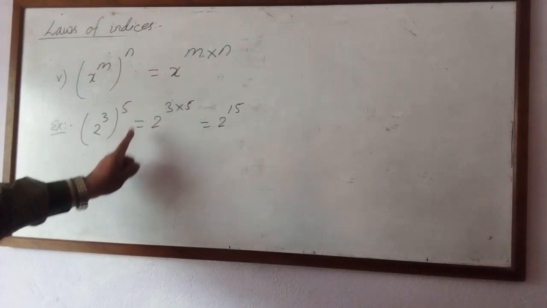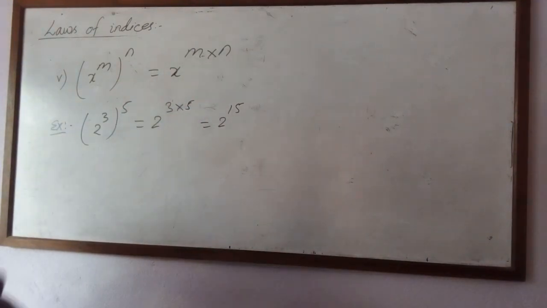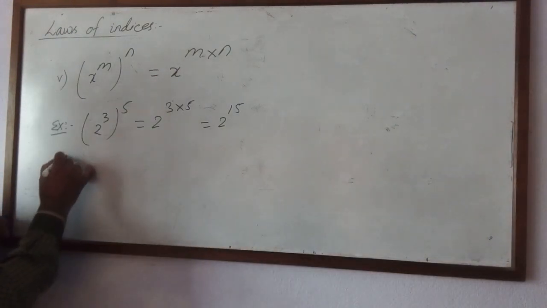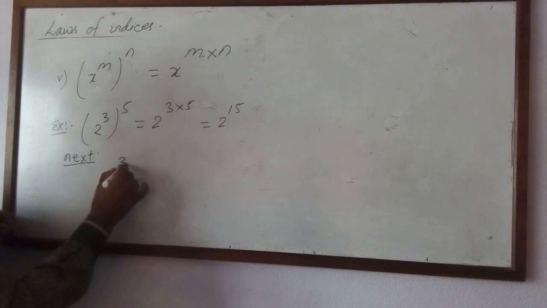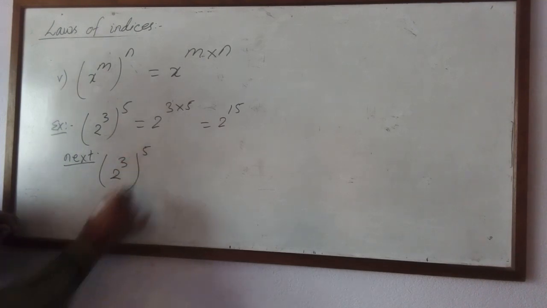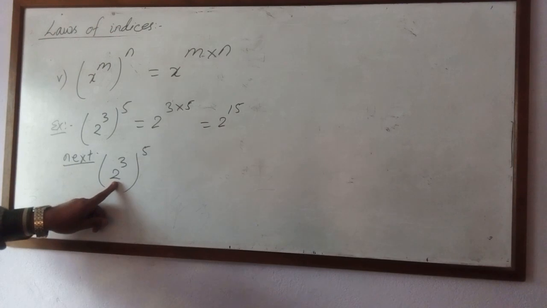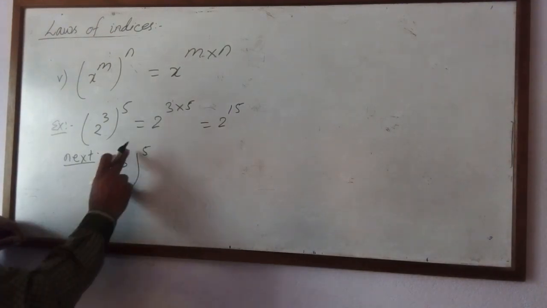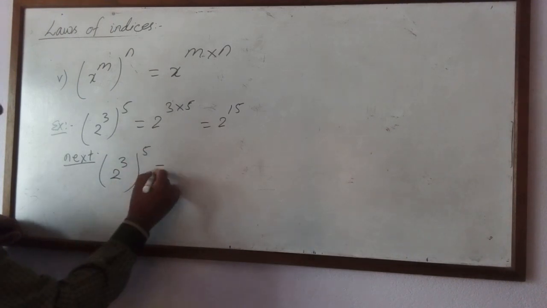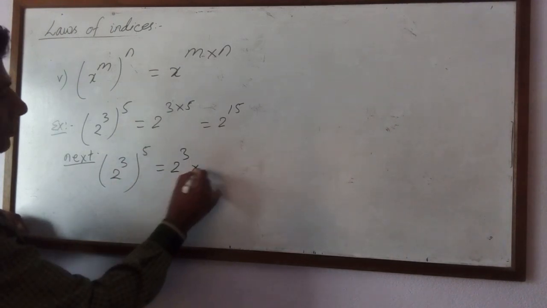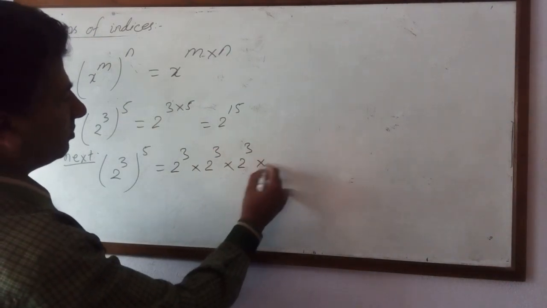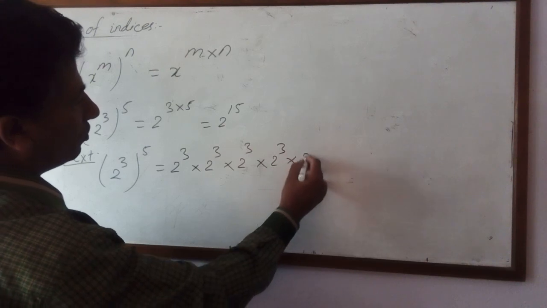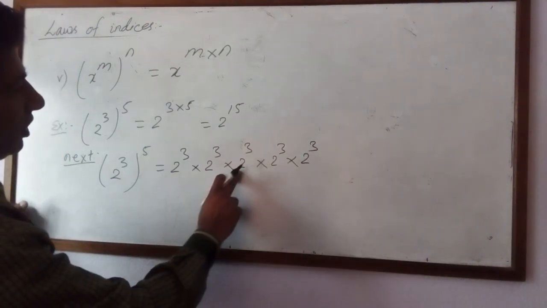But we can do it another way also, though that will be too long. See here, the next way, but you need to understand it, don't think it will be wrong. 2 power 3 has power 5. Now 2 power 3 means 2 times 2 times 2. Or we can multiply 2 power 3 five times: 2 power 3 times 2 power 3 times 2 power 3 times 2 power 3 times 2 power 3. 1, 2, 3, 4, 5.